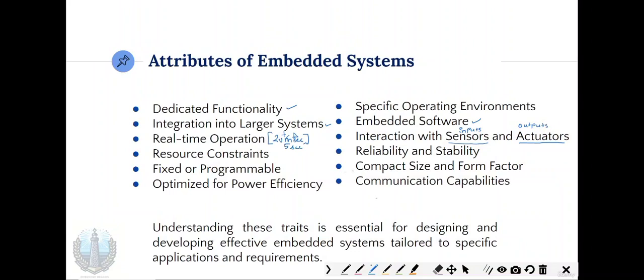And it should be completely reliable and stable, and depending on the system, it might should fit in a wall clock or should fit in a pocket. It should come in a compact size with a neat form factor, and it should have communication capabilities depending on its application. So these are some of the very common attributes of embedded systems.